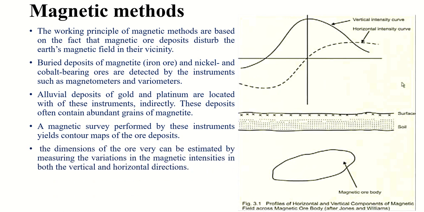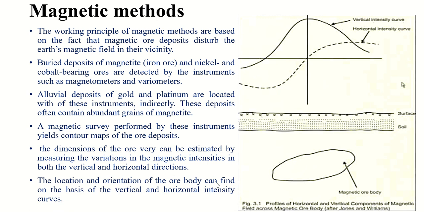The dimensions of the ore can be estimated by measuring the variations of the vertical and horizontal intensity curve. So we can find the exact locations and orientations of the ore body by the variations of the magnetic intensity in the horizontal and the vertical directions.